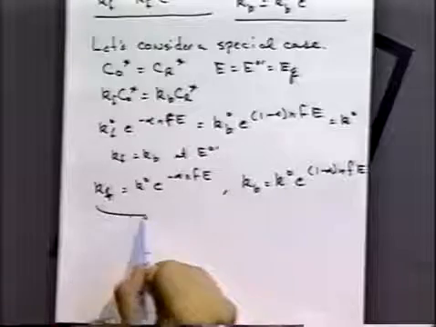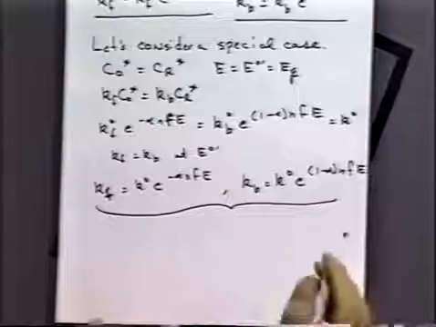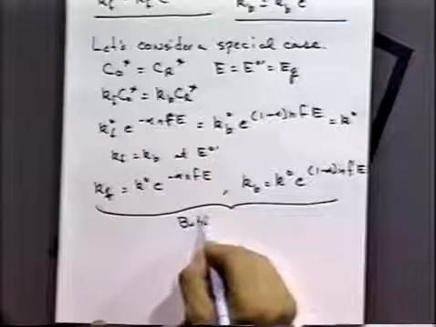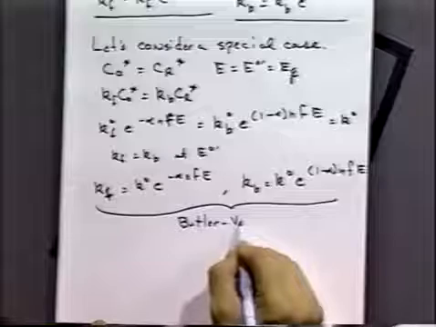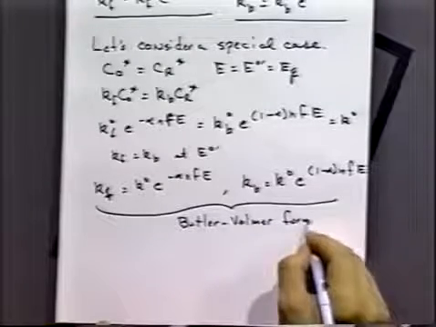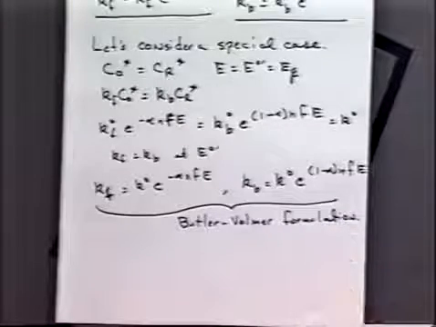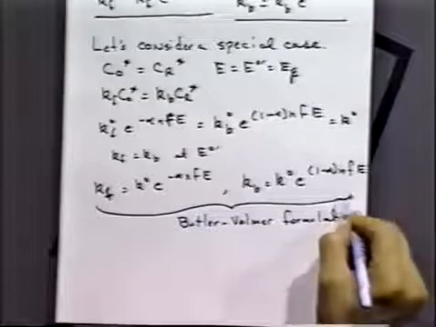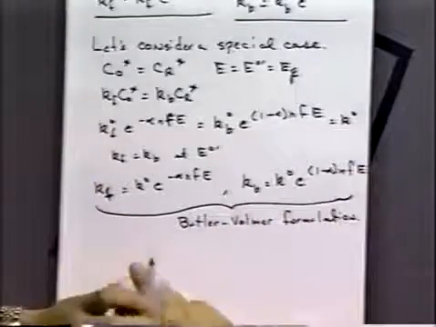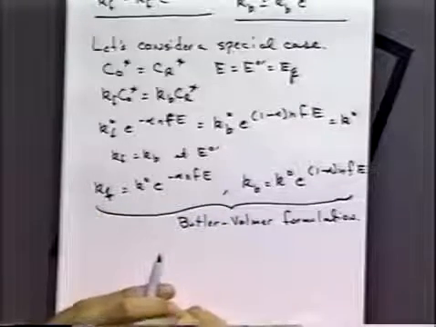All right, so these expressions are a special formulation, which we'll call the Butler-Volmer formulation. They're very ubiquitous throughout electrochemistry, these expressions for the forward and the reverse rate constant.